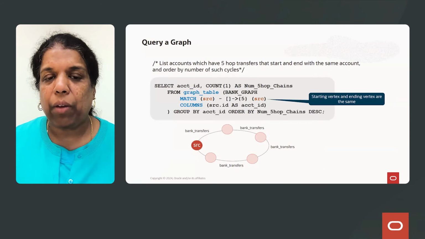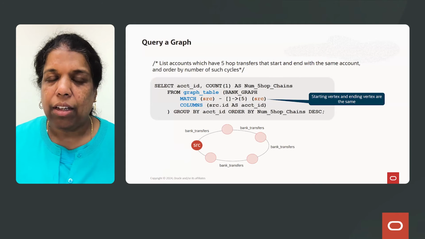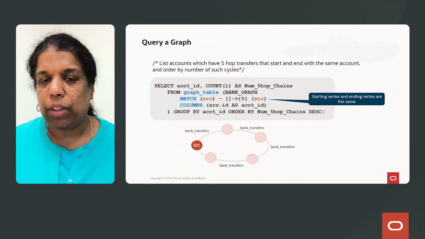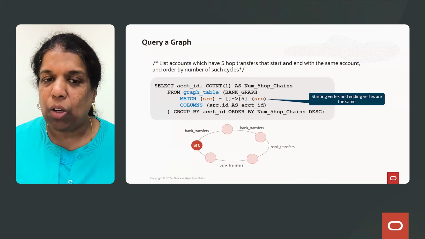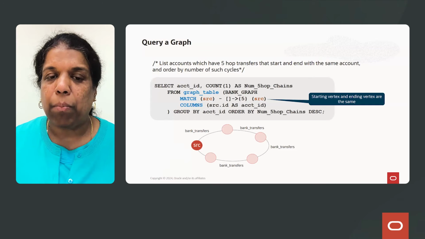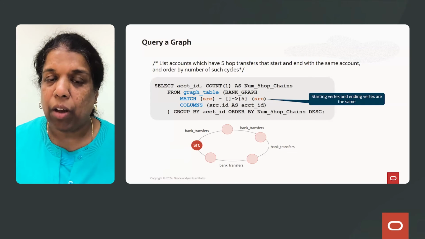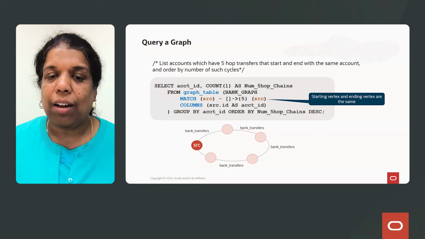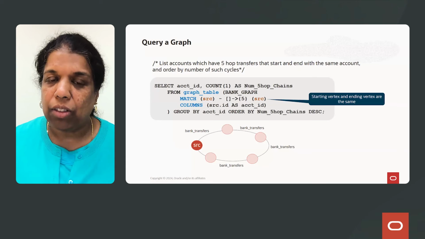And I have here a query which is a little different. So it starts with a source account, and you can see here that the final vertex in the match clause is also the source account, the same variable. So I'm looking for paths which are 5 steps or 5 hops long that start and end with the same bank account.